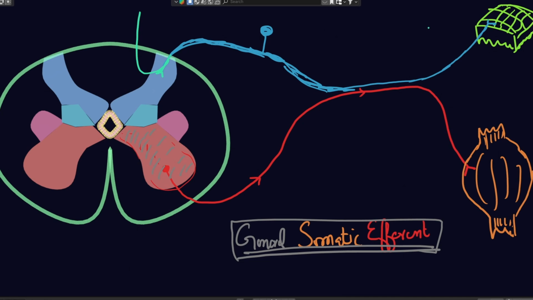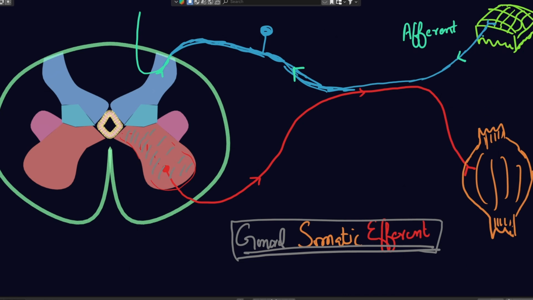Here what I want to highlight is that this is an afferent, not efferent, type of neuron, because it is taking sensory information towards the central nervous system, not away. Secondly, it is taking the information from superficial tissue, for example skin, or even from the muscles as well.